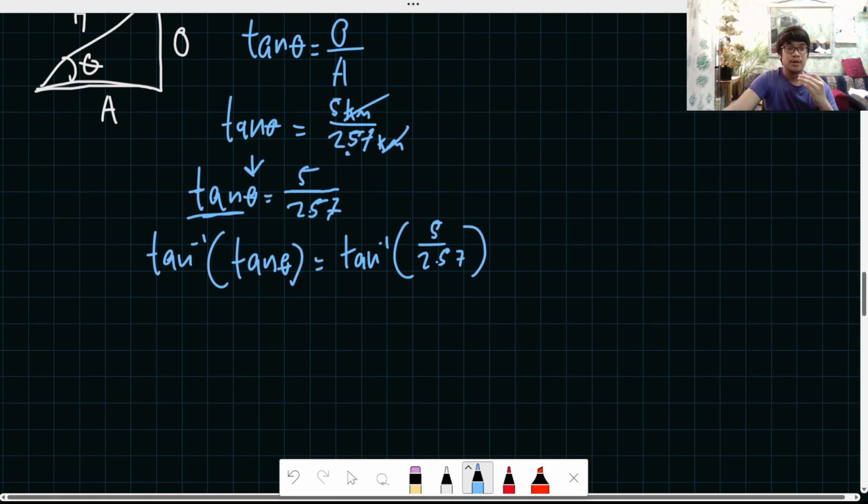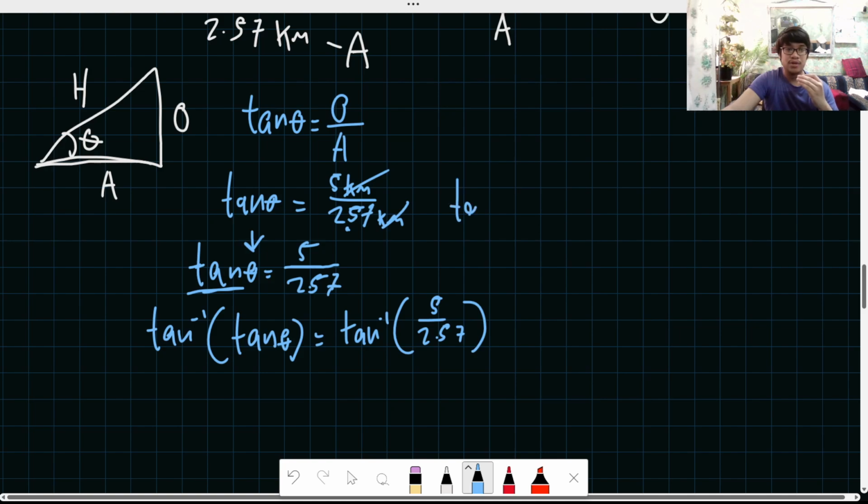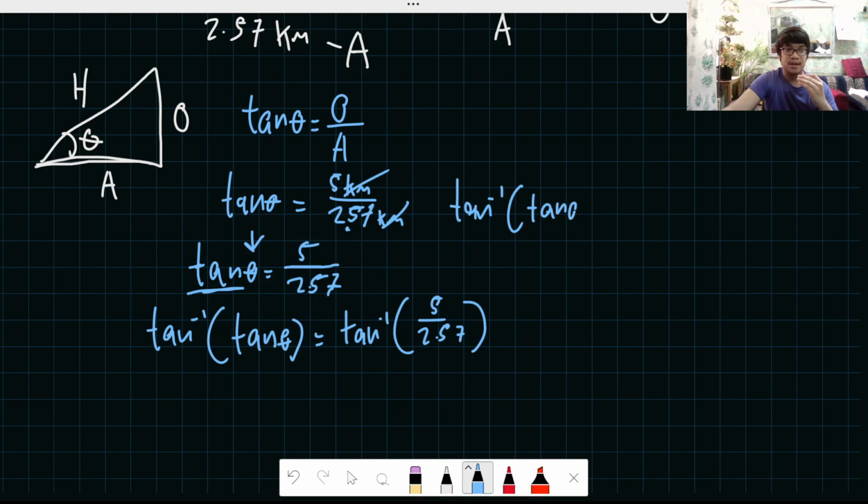Now here, we have inverse tangent of tangent theta. Recall that inverse tangent of tangent theta, or tangent of inverse tangent theta, is just the same as theta.